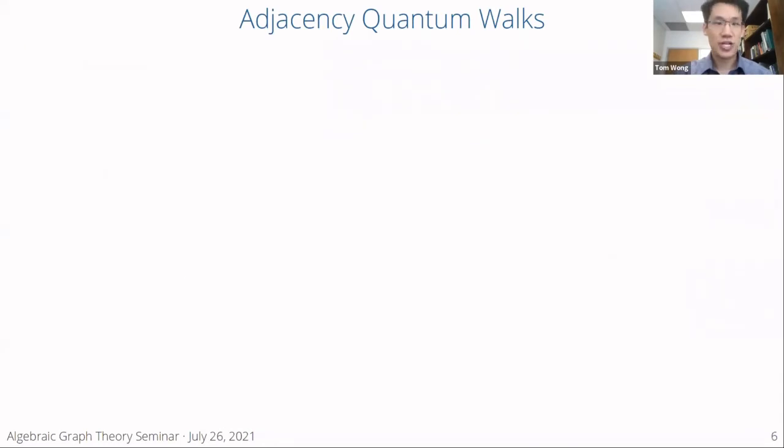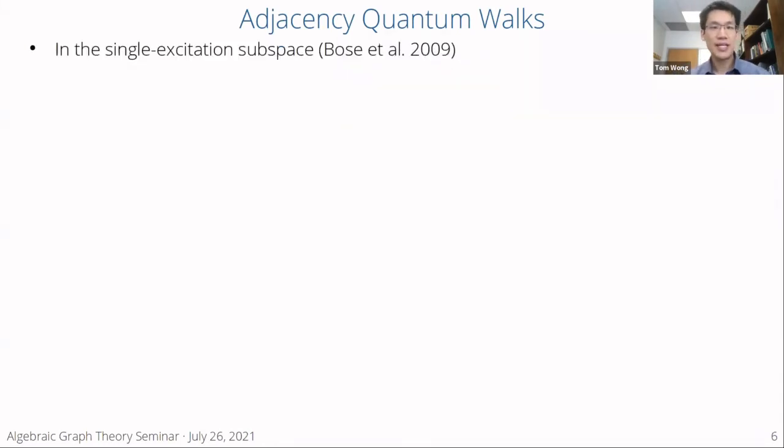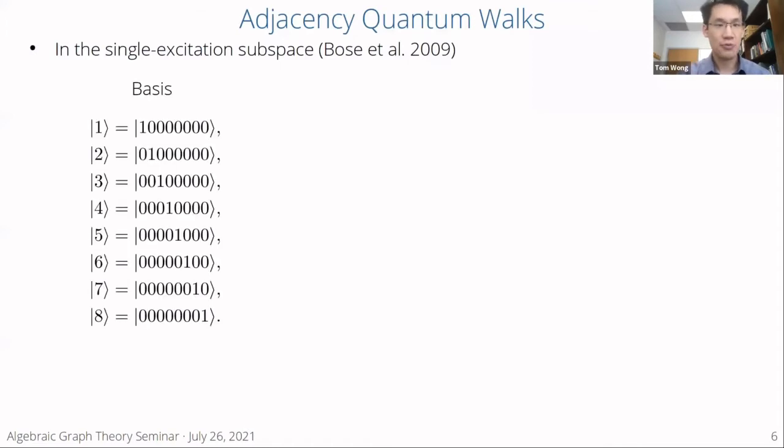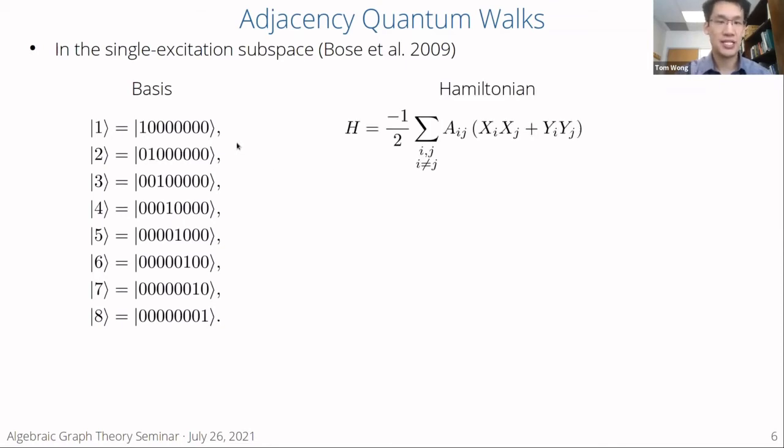And so we get this other type of quantum walk by looking at the subspace of single excitations. So basically, we're going to be looking at this basis where only one of the spins is a 1 at a time, and the rest of them are all zeros. So if we do that, we can look at what the Hamiltonian is going to be in this basis.